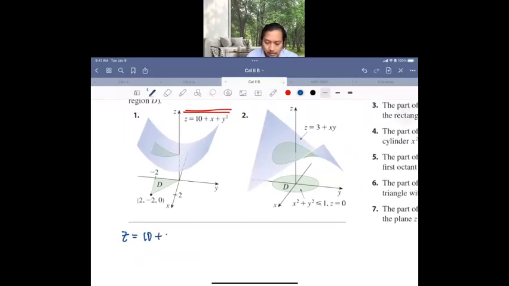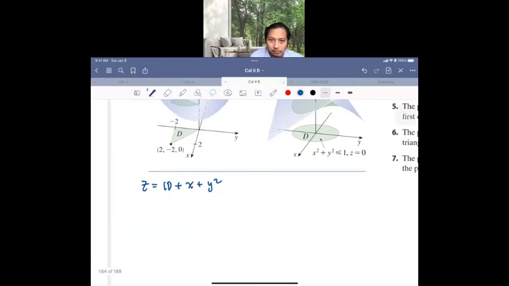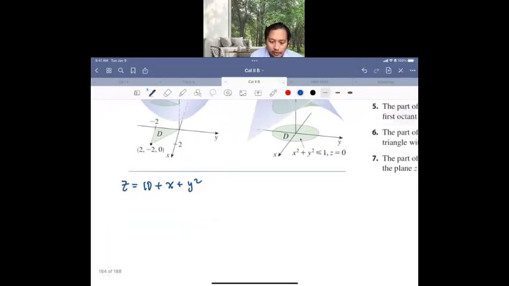First, let me write z. What is the function? z is 10 plus x plus y squared. Now we have a function of two variables, z. Let me write again, and we can write down the partial x, which is 1, and the partial y, which is 2y.